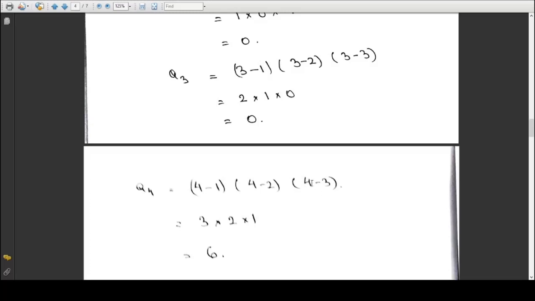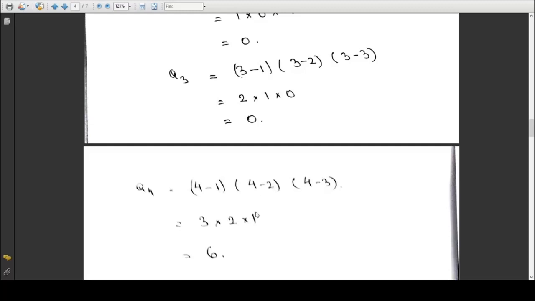Now, the terms are counting numbers, so they cannot be negative, they are always positive. That means after 3, the next will be 4. 4 minus 3, you will get 1. After 4, we will get 5. 5 minus 3, we will get 2. Always you will get a positive number.